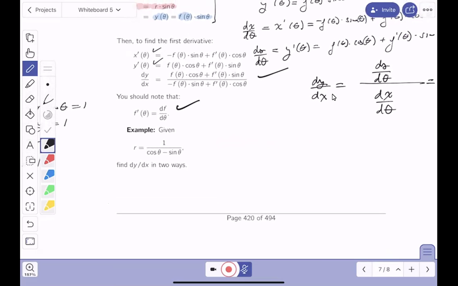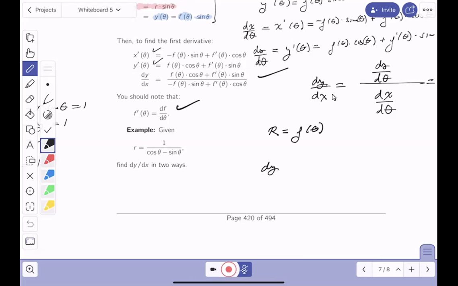So let's see if we can do this. I want to do the derivative here, right? dy/dx. So remember, r is a function of theta. And what is that function? So I think I can write this down.